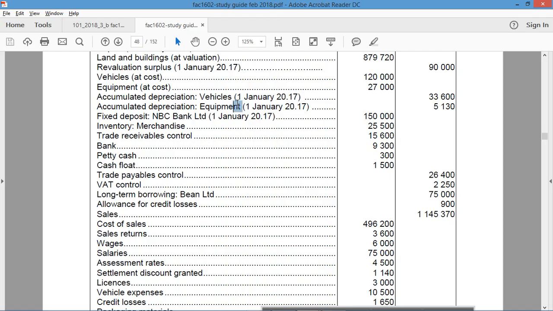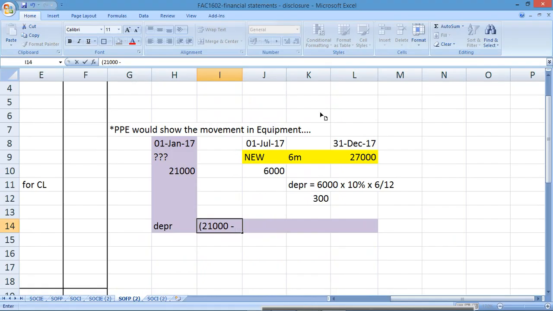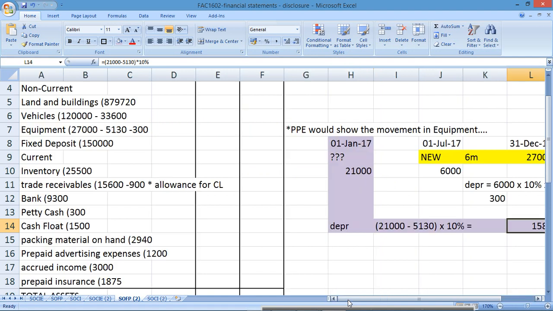There it is. 5,130. Close brackets, times 10%. It gives me 1587. Where is that going to go? On the equipment, so minus 1587. And I'm going to write the same amount where? On the depreciation. Yes, 1587.